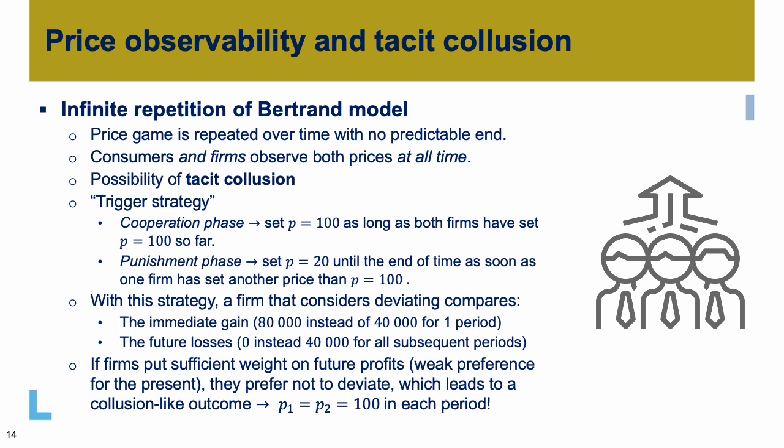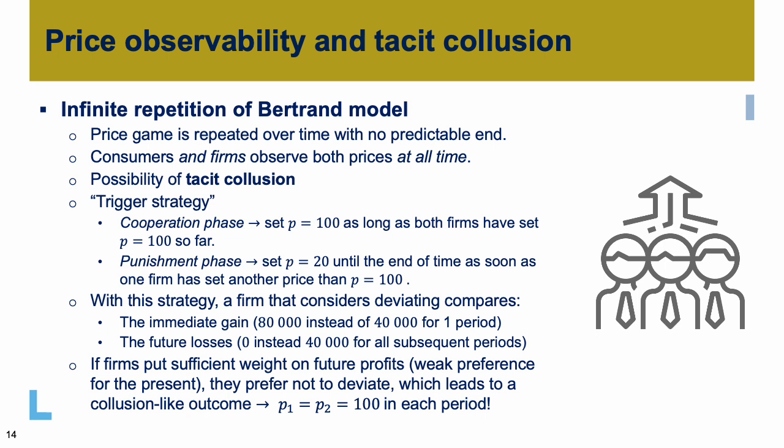So they may hesitate. It may be costly for them actually to start the punishment, and so they may refrain from doing it. But then the threat of being punished is lower, and so the incentive to deviate by setting lower prices becomes higher.